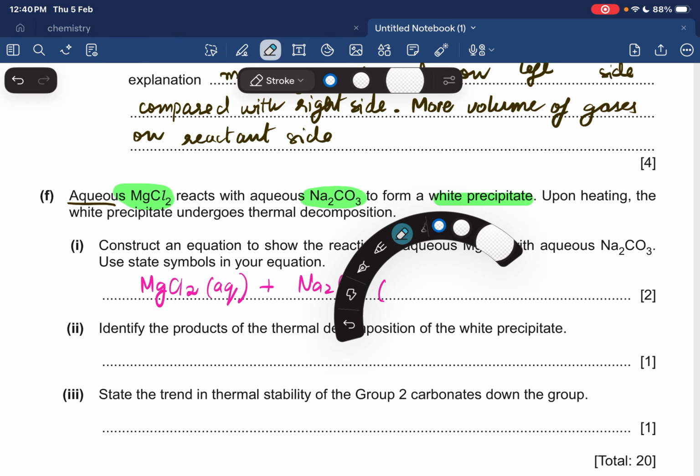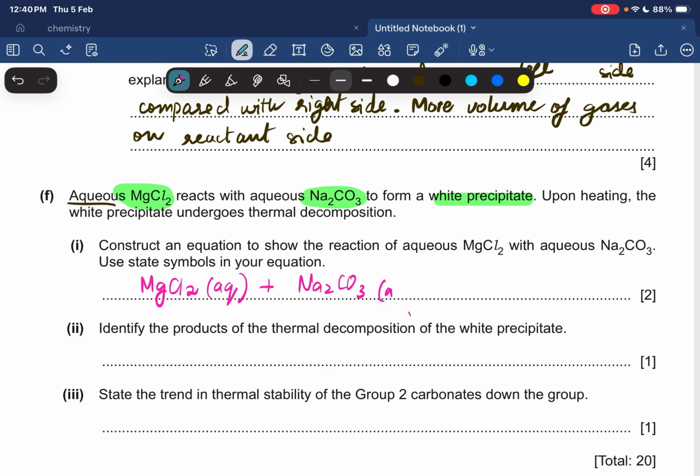It's not molten. It's aqueous, so it's going to be aq. And that's going to form MgCO3 plus NaCl, and there's going to be a 2 over here. NaCl is soluble, so it's going to be aqueous, but magnesium carbonate is going to be a white precipitate.